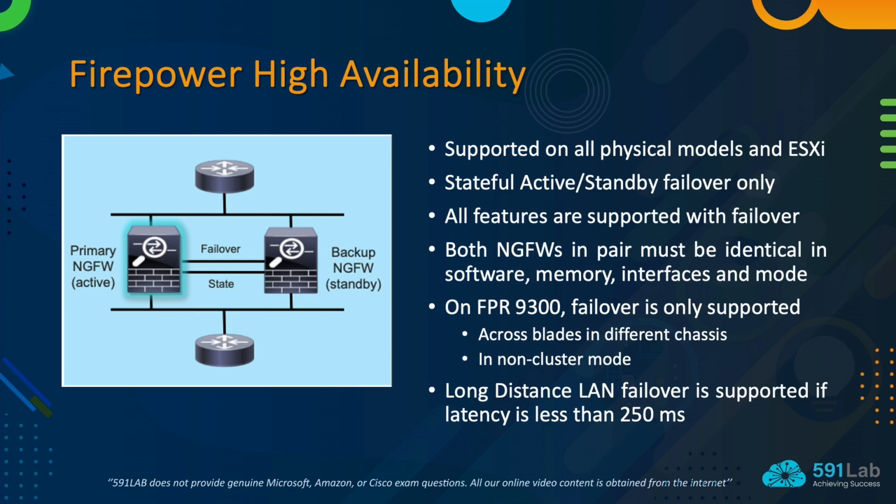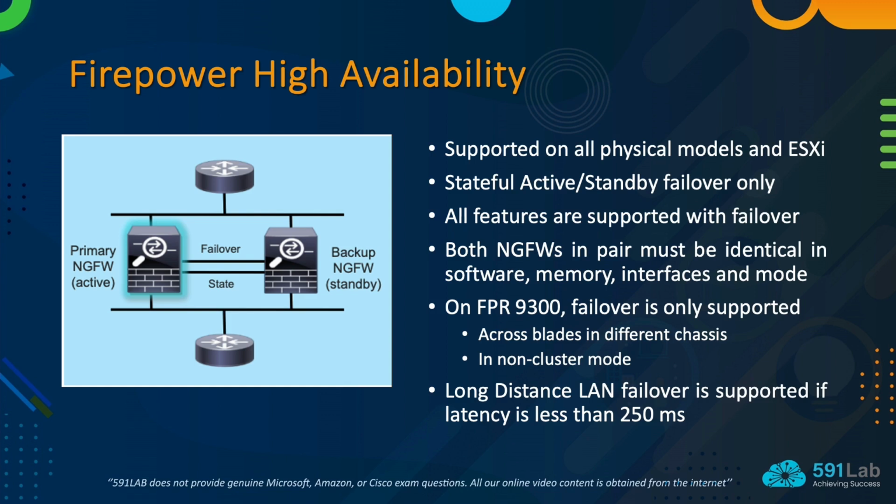Same hardware model of next generation firewall. Cisco FTD high availability requires both devices to be on the same model. Different models may have varying hardware capabilities that can cause issues during failover.